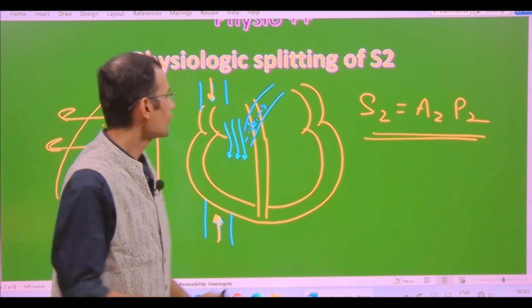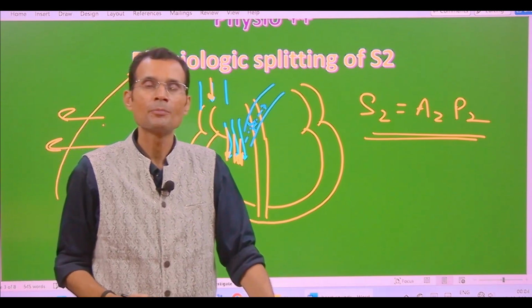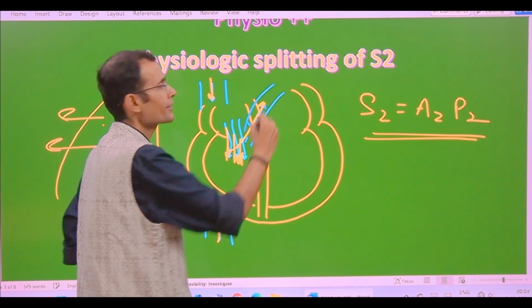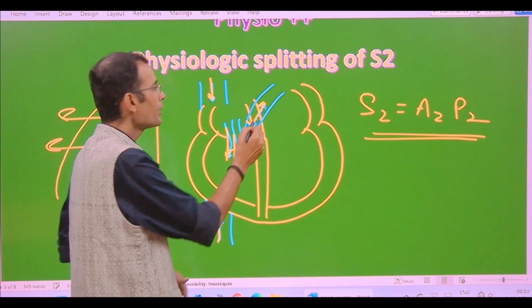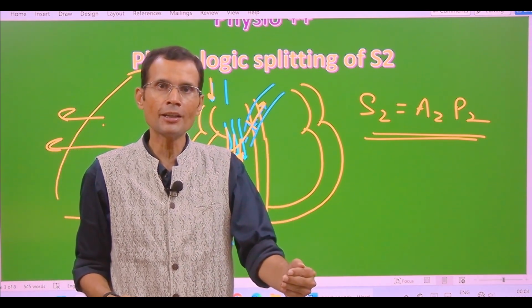Which means what? Which means right ventricular filling gets delayed. Therefore, right ventricular systole also gets slightly delayed, and therefore, at the end of it, the closure of the pulmonary valve will also get slightly delayed.